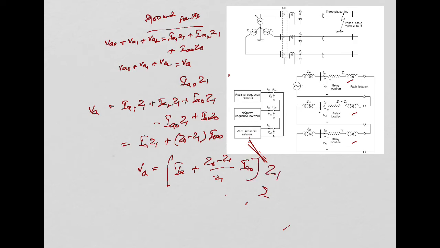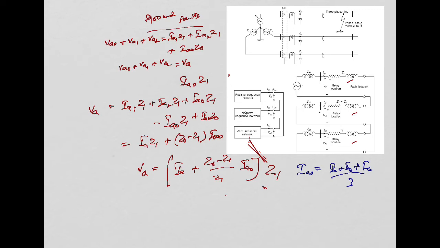However, IA0 is equal to (IA plus IB plus IC) divided by 3.